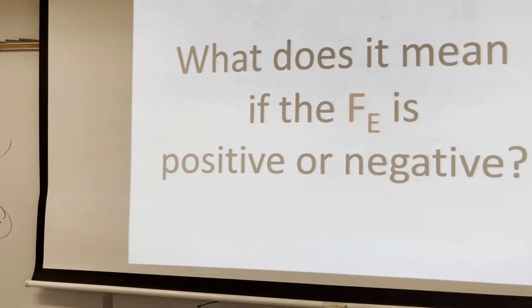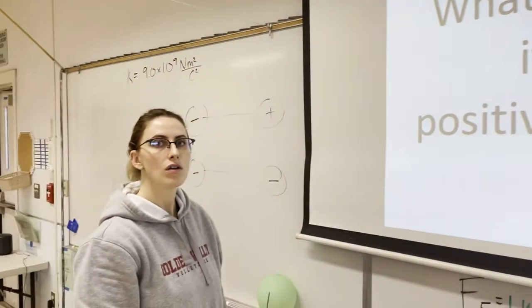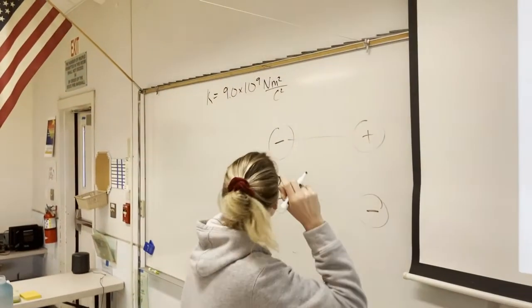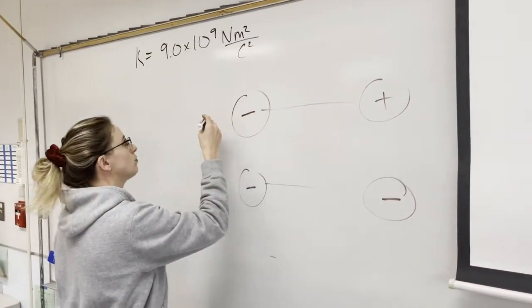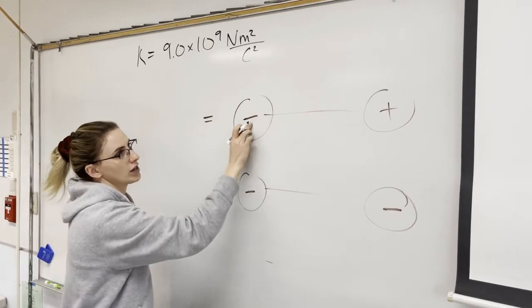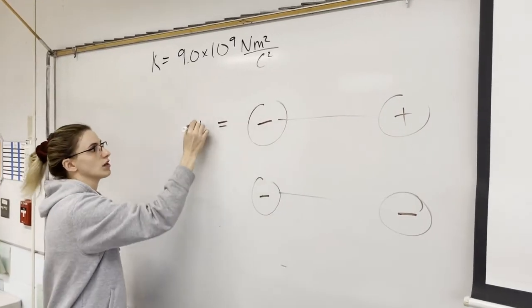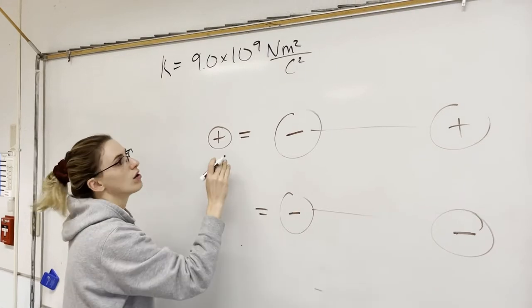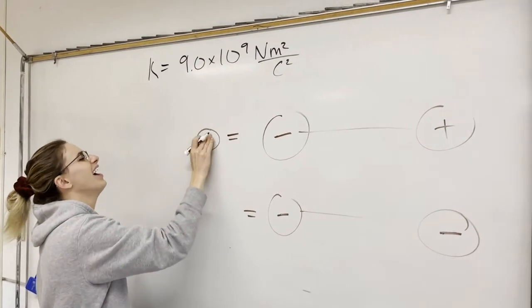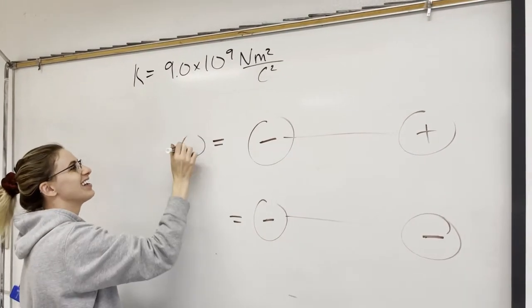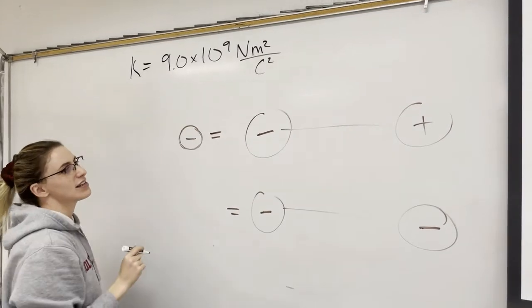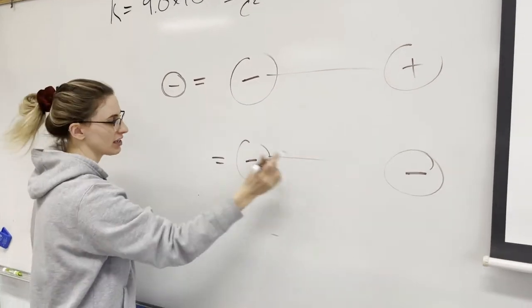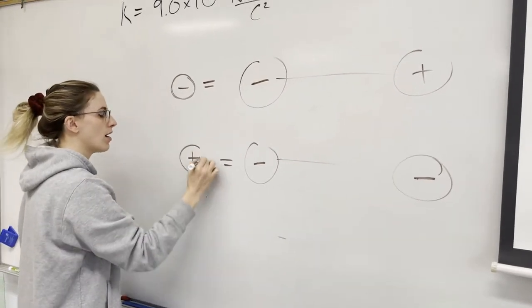The thing that determines it is the charges, positive or negative. When we multiplied a negative times a positive, is that positive? Oh, sorry, negative times a positive is negative. And a negative times a negative gives me a positive.